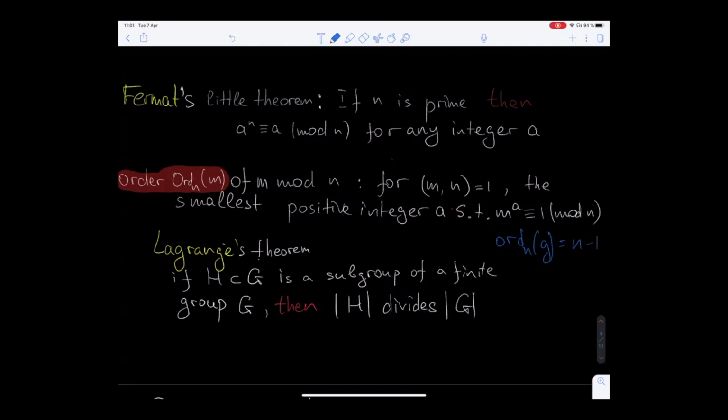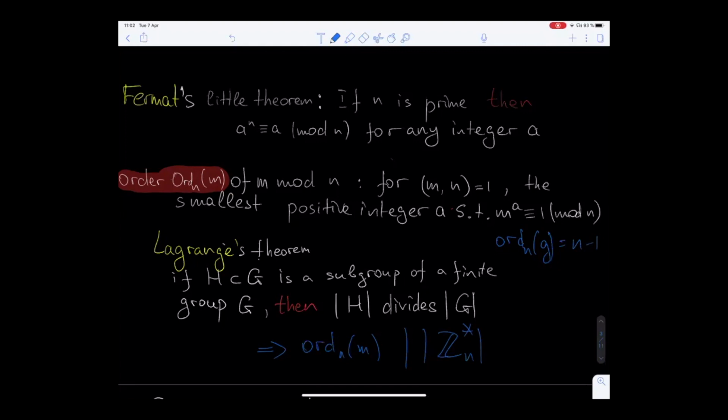In particular, this implies that the order of m modulo n must divide the size of Z_n star, because if you take an element m relatively prime to n, then its powers form a group, and the order of the element is simply the size of that group. And this is what we were using on the previous slide.